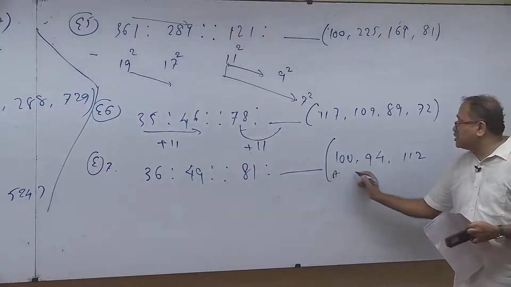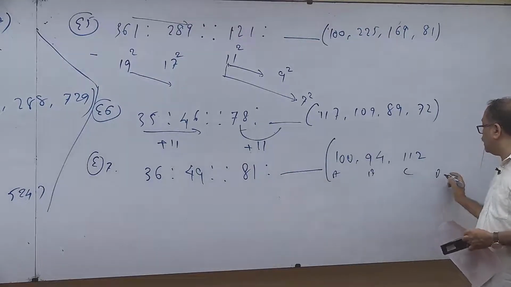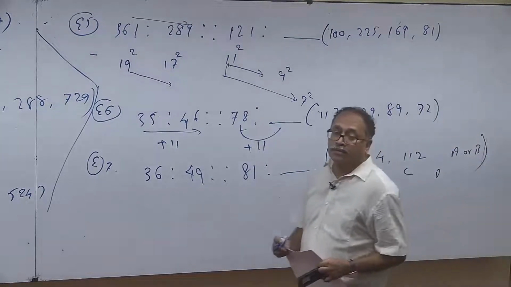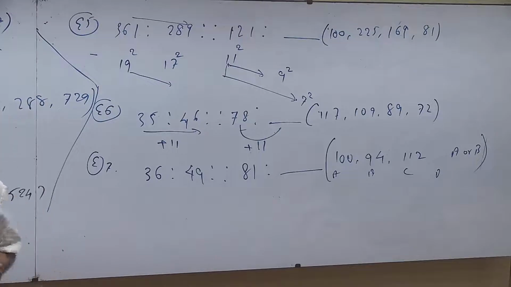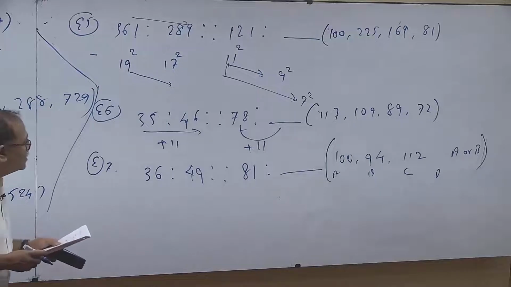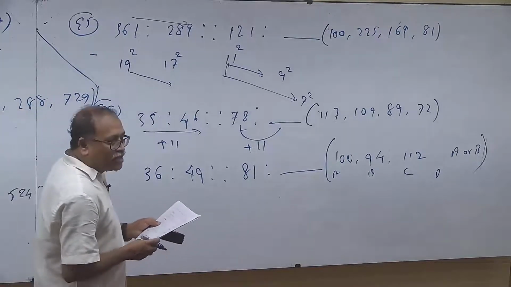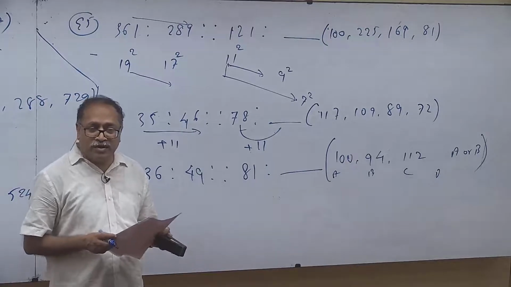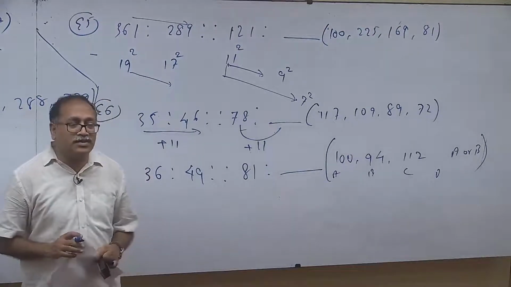This is A, this is B, this is C, and in D, A or B. What's your option then? Only A or B. So you got two different logics with two different answers.